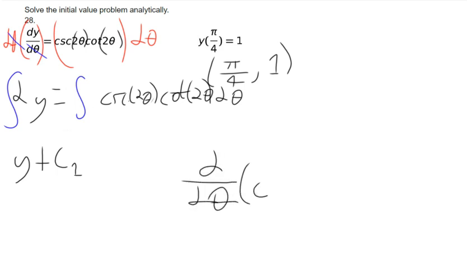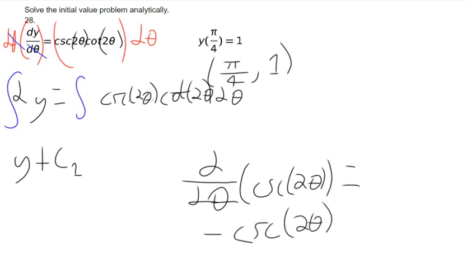The derivative of cosecant of 2 theta is going to give me negative cosecant of 2 theta, cotangent of 2 theta, but then with the chain rule I have to multiply by the derivative in here, which is 2.